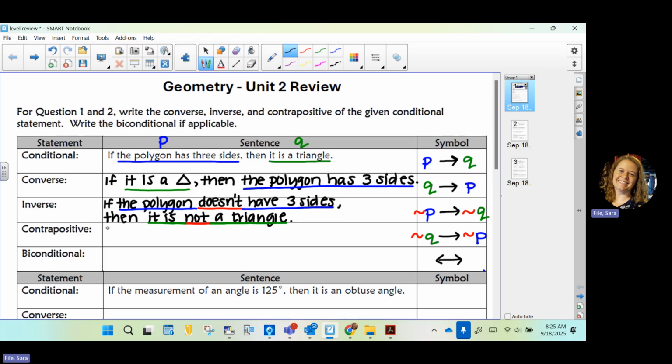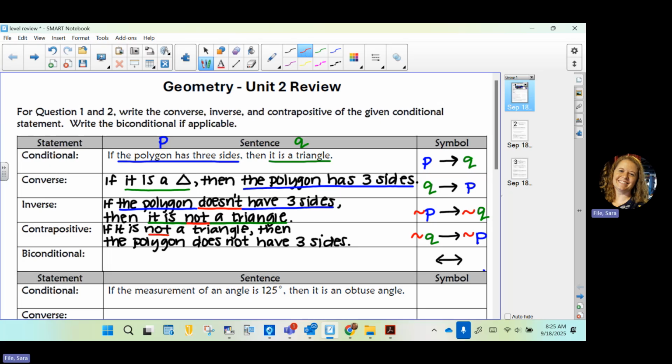So this one would read, if it is not a triangle, then the polygon does not or doesn't have 3 sides.